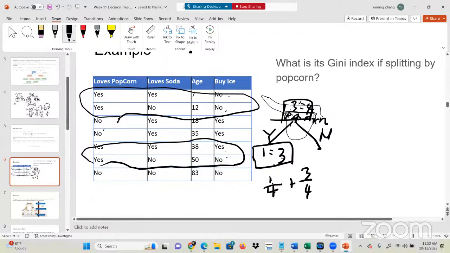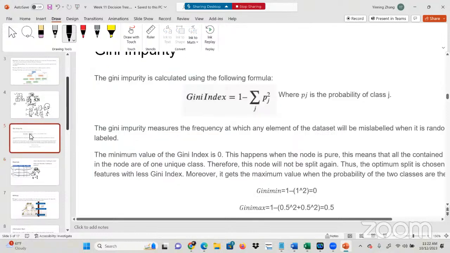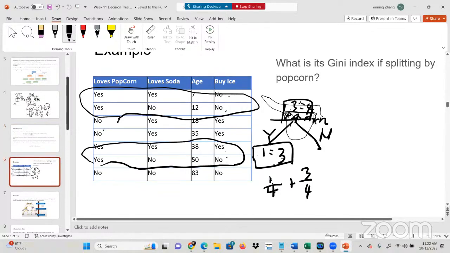And the Gini impurity equation is 1 minus the sum of the squares of the probabilities. So this one is 1 minus the squares of the probabilities, right?